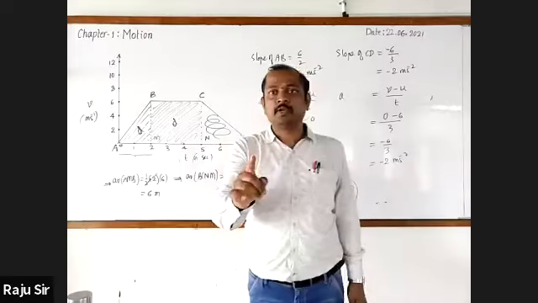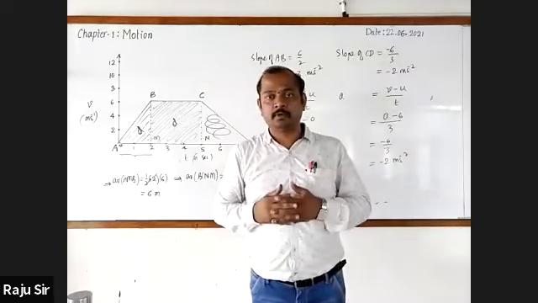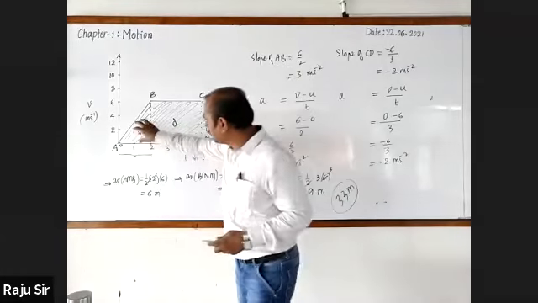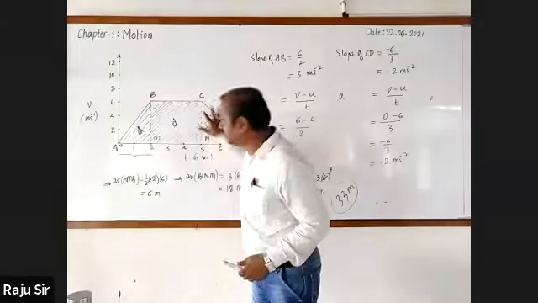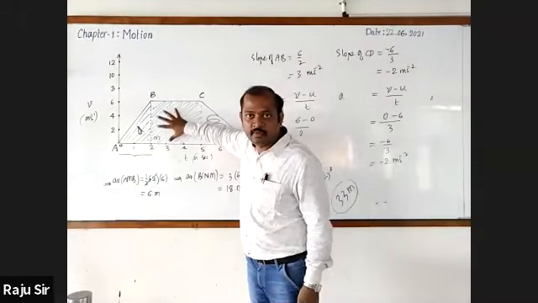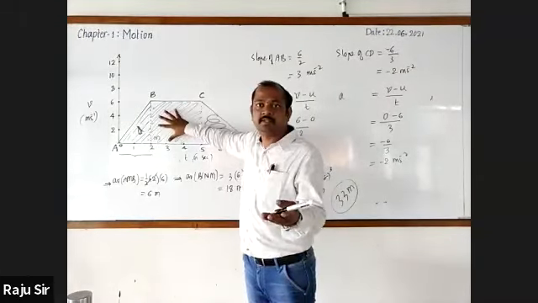When they ask you to find out the total distance traveled by the body, will you go for finding D1, D2, D3? No, sir. Not necessary. You directly find out. You know, this whole area under the VT graph is distance or displacement.